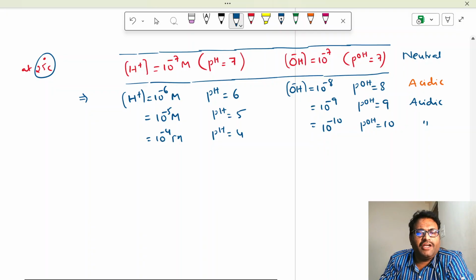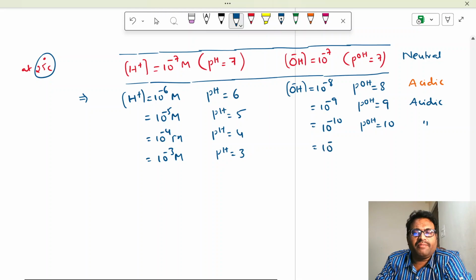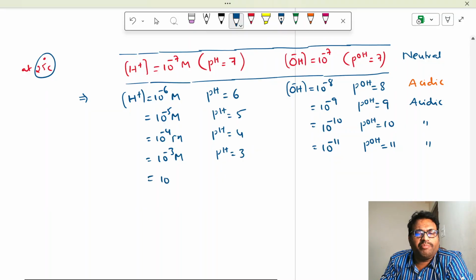Here in the same way, 10 power minus 3 molar H plus ion concentration, pH is equal to 3. OH 10 power minus 11, pOH is equal to 11. This is also again acidic, because if pH is less than 7, then that results in acidic solution. In the same way, 10 power minus 2 molar, pH is equal to 2.